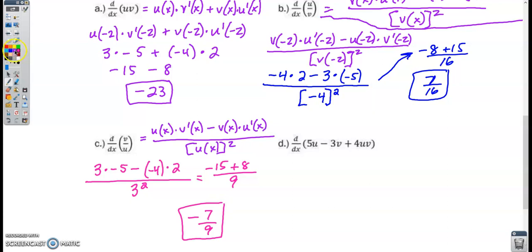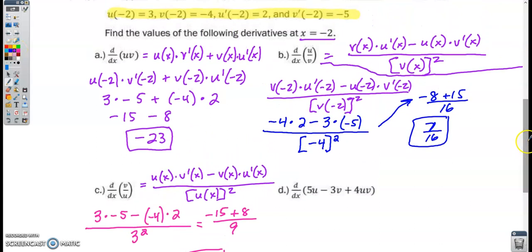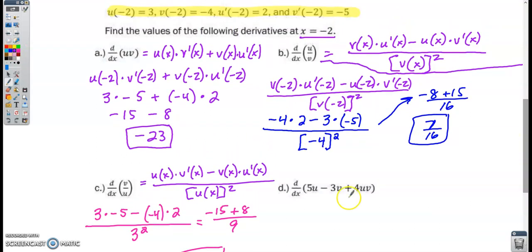And then we've got one last problem to do here. I'm going to scroll back up so that I can see the values of the functions. We take the derivative of 5u minus 3v plus 4uv. That's going to be 5u prime of x minus 3v prime of x plus 4 times the derivative of uv.